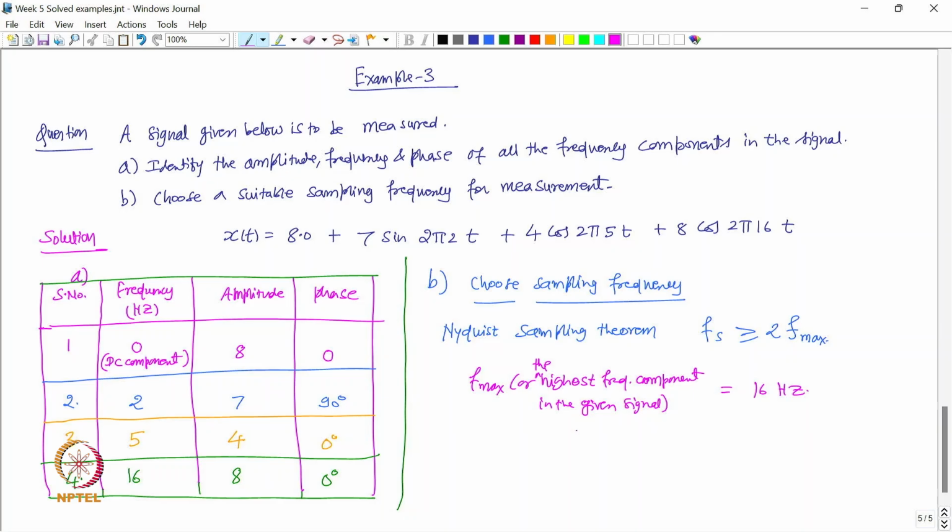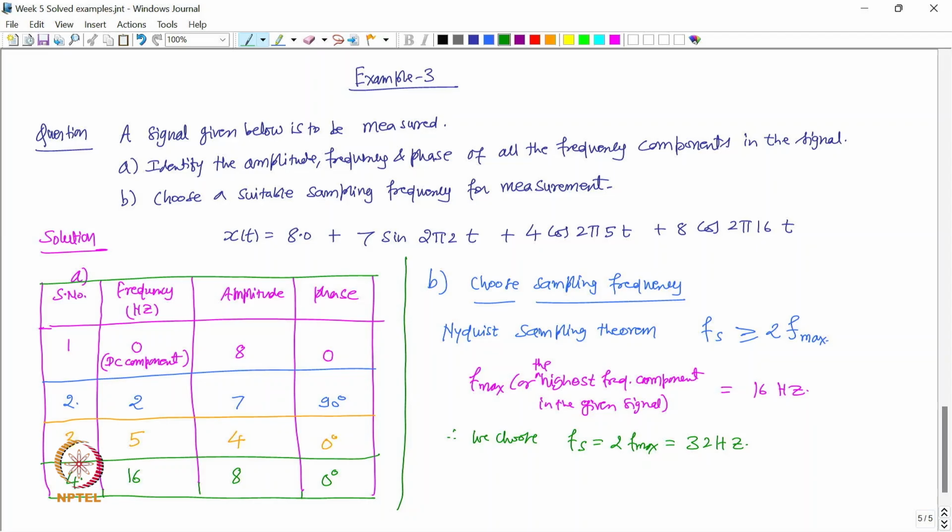So, as per the Nyquist sampling theorem we choose fs as twice of f max, which is equal to 32 hertz. Of course, we can take more than 32, but 32 would be adequate to sample the signal.